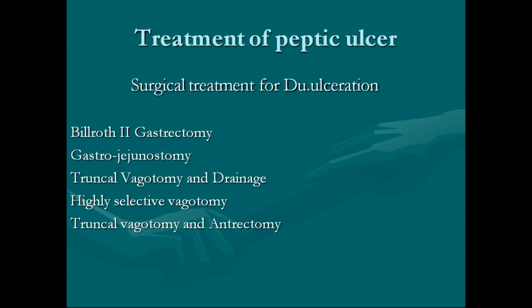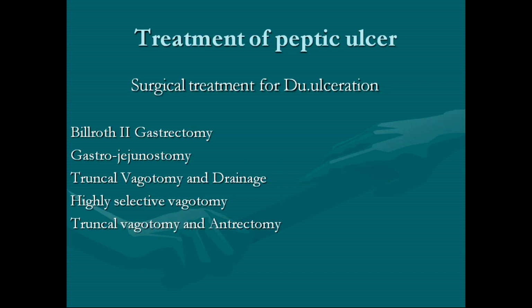The main aim of surgical management is mainly dependent upon two features. We have to decrease the effect of the gastric acid on the duodenum. So we can achieve that by doing two procedures. Either we can decrease the secretory potential or secretions of the HCl from the stomach, or we can do a diversion.